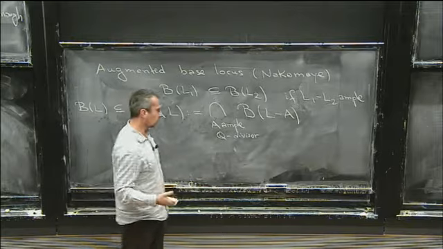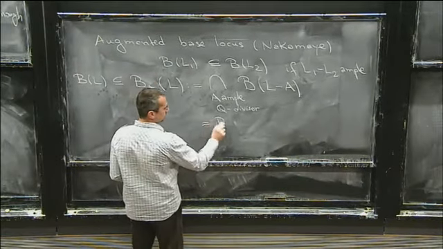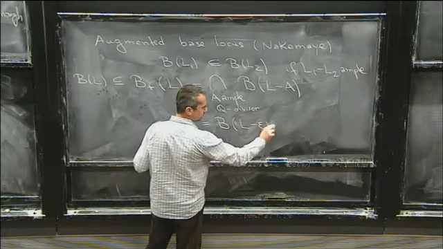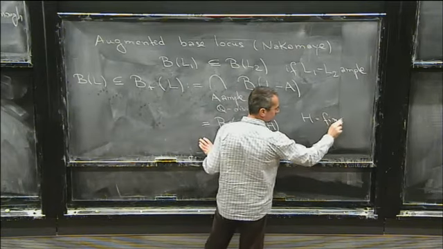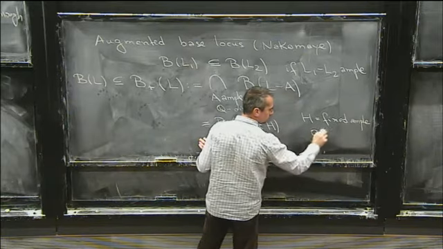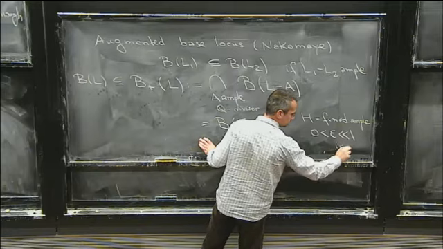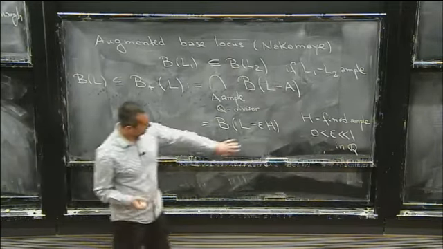For example, one way to describe it is B of L minus epsilon H, where H is a fixed ample and epsilon is some small rational number. The moral is that you want to subtract a very small ample.